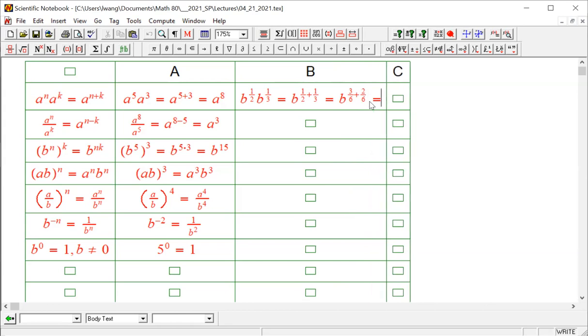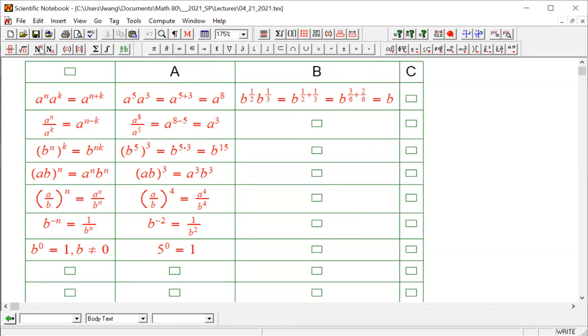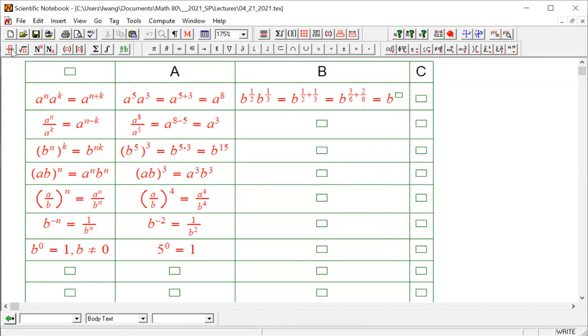And in the end, you get b raised to the power of 5 over 6. Could you guys do that, please? So no difference whether your exponent is a fraction, decimal, anything. In these circumstances, you just add the exponents.